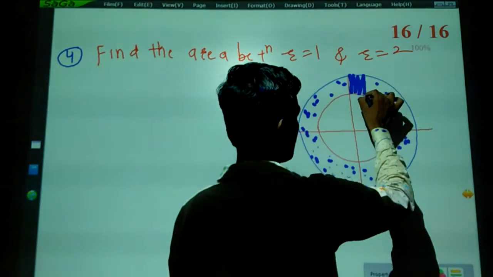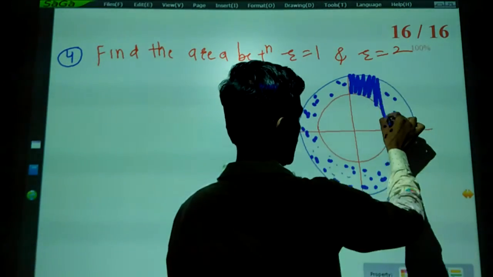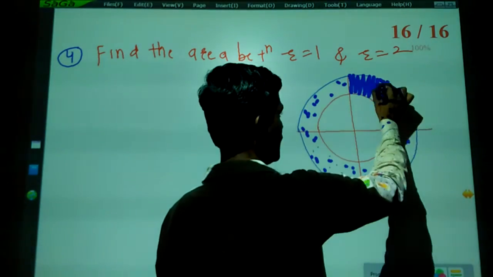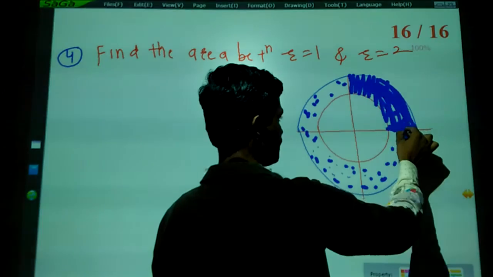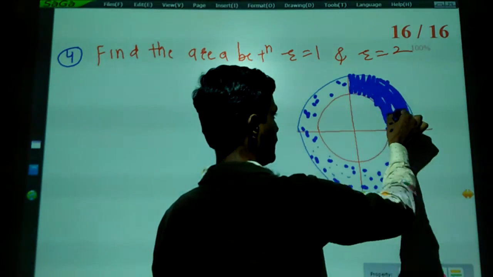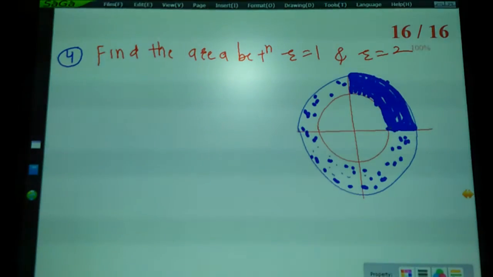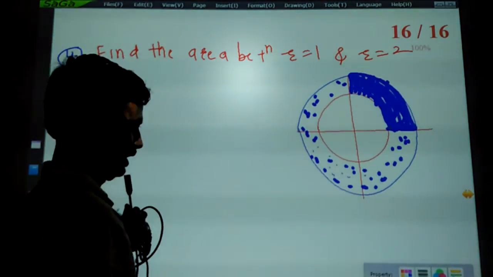With the help of that first quadrant, we can calculate the whole area in between them by multiplying 4. So what to do? Just find the area of the first quadrant, multiply it by 4, then we will get the common area. Okay, with the help of this we can calculate the area between that two circles.